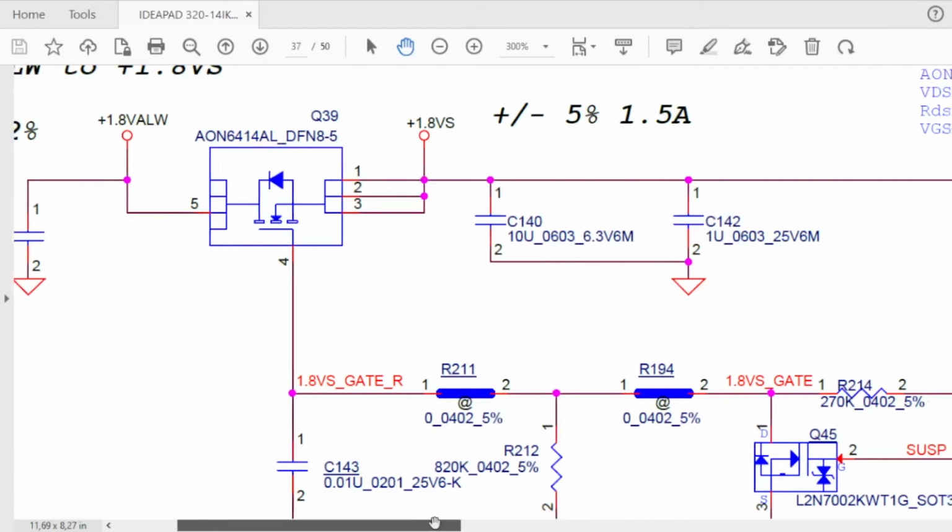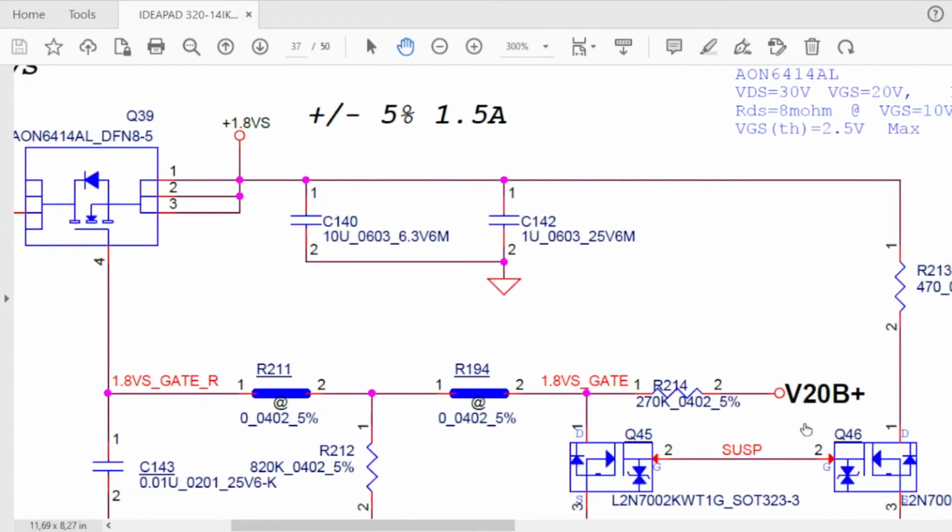So I think the 19 volt from this point cannot supply this point, cannot supply this gate.